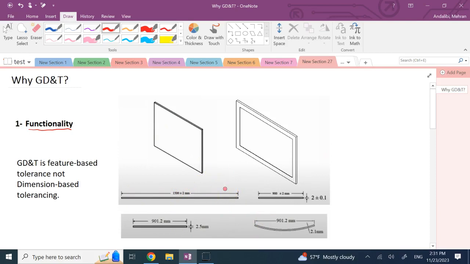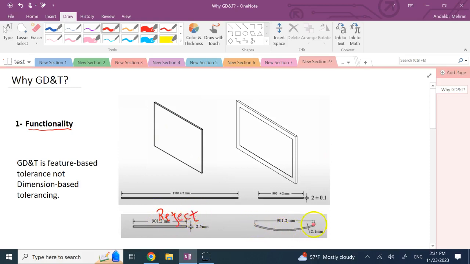So their length is no problem, but if you look at their profiles, one is straight, almost very straight, and the width of it is within the tolerance, but the thickness of it is out of the tolerance. So if we just want to go based on our plus and minus, you say, hey, this one is made thicker than 2.1, which is maximum dimension, so I'm going to reject this, right? This is going to be rejected.